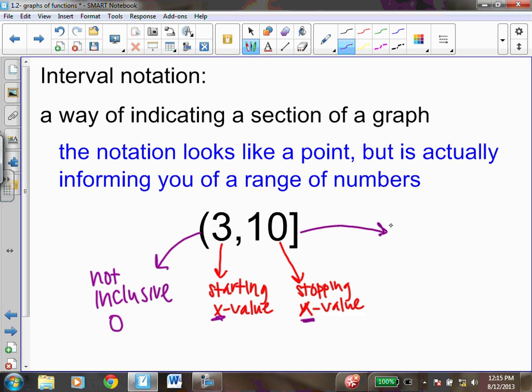A square bracket is inclusive. So that could be described as a closed dot, or it could be thought of as greater than or equal to or less than or equal to, depending on where in the graph and in the notation your square and round brackets are.